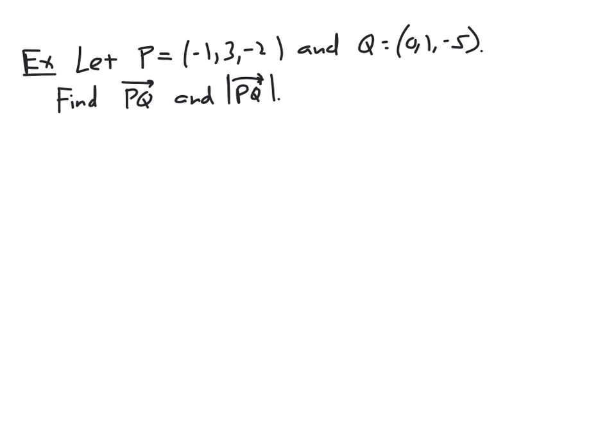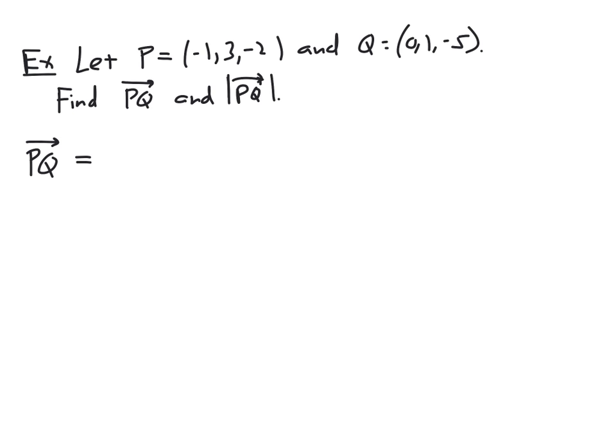So I'd like to find both of these two things. Right? So to find vector PQ, we have to remember this is the vector from P to Q. And so if I want to focus on the first coordinate of this vector, this is going to be the difference between the x coordinates of the initial and the terminal points.